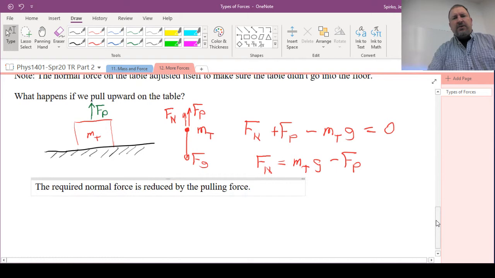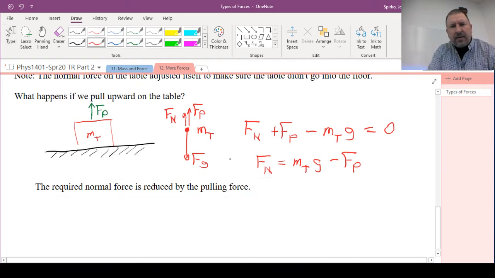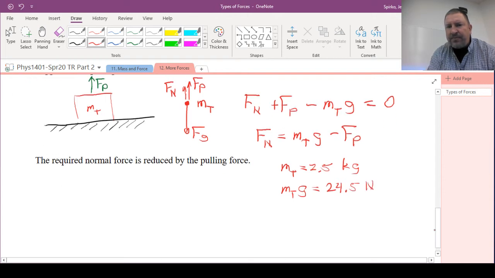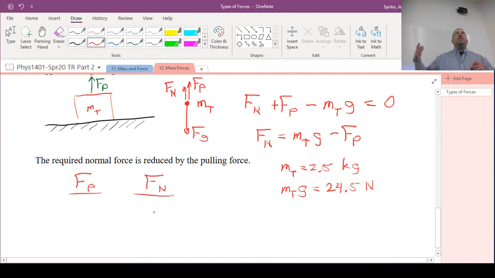So let's do M table equals 2.5 kilograms. So M table G is equal to 24.5 newtons. And I'm creating force of pulling, so that's kind of like my independent variable. And the force normal is what the universe does in response.